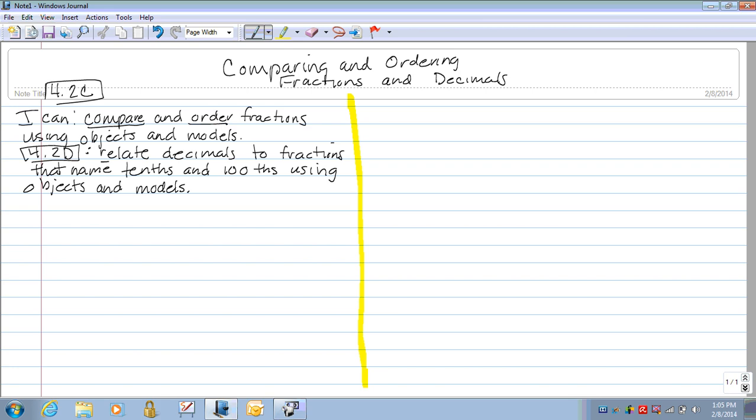So here our verb is to relate the decimals to fractions that name tenths and hundredths. Push pause. Let's try our first example.